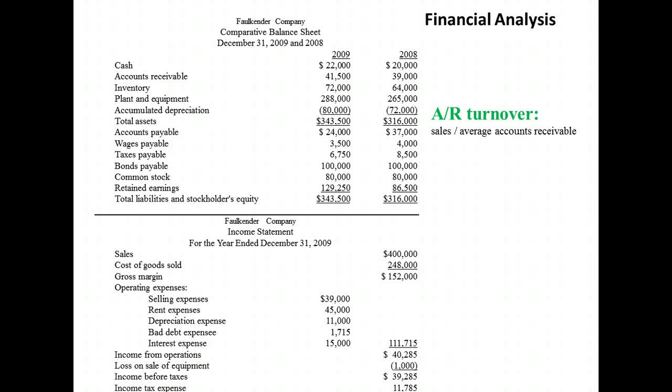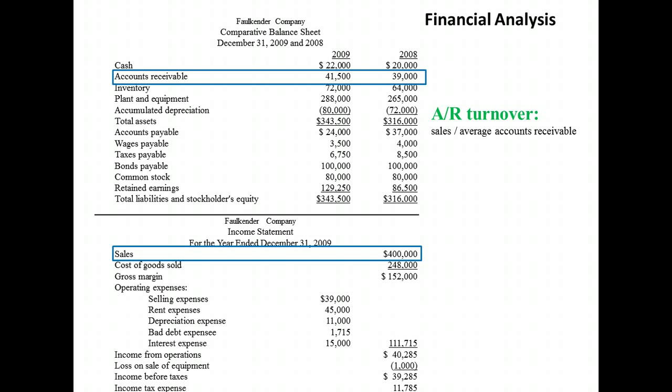Okay, accounts receivable, we learned, is when our customers owe us money. So we want to see what that turnover number looks like. So it's the sales amount divided by the receivable. And we get a turnover rate of 9.9379 times. And we want to look at how many days it takes us to collect on our receivable.